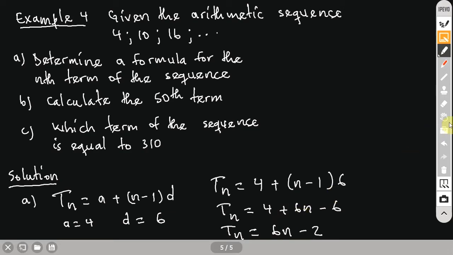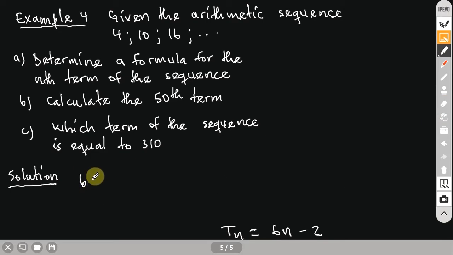Let me erase this space. Feel free to pause the video. Question B is to find T50, because it says calculate the 50th term. We'll still use the formula that we calculated from question A. So T50 will be 6 times, in the place of n you put 50, minus 2.